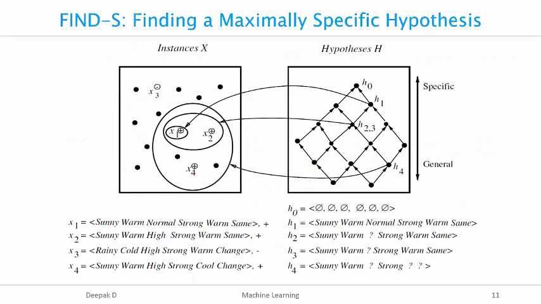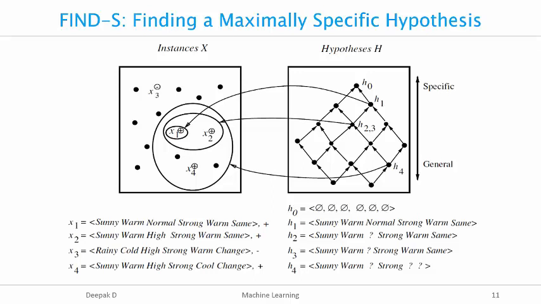So in this figure, you can see that the hypothesis space search is performed by Find-S algorithm. So here the search begins with H0, that is the most specific hypothesis in H. Then by considering your hypotheses, that is H1 through H4, based upon your training examples.